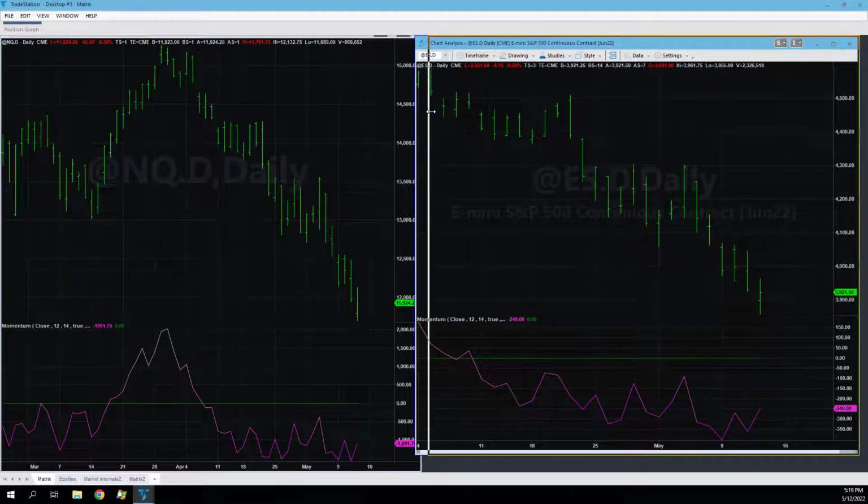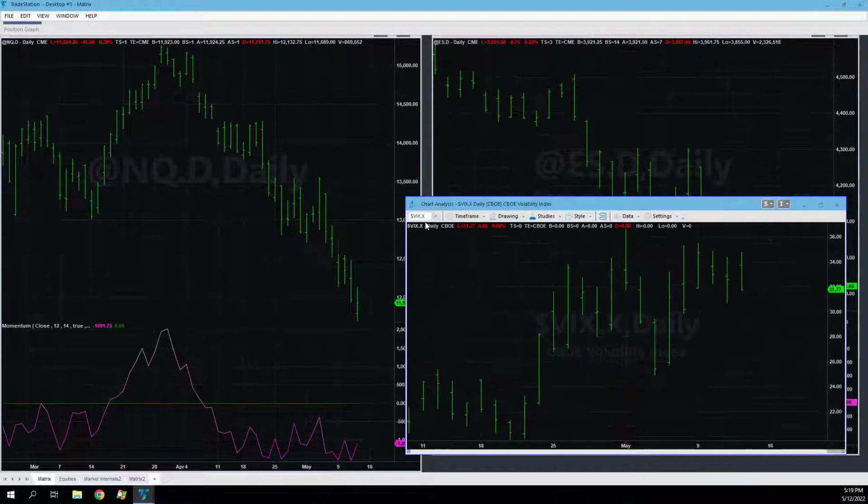Oftentimes when there are 2 up closes in the VIX and two up closes in the stock indexes, we call that a VIX divergence for a top. This could be a potential VIX divergence for a low as well.